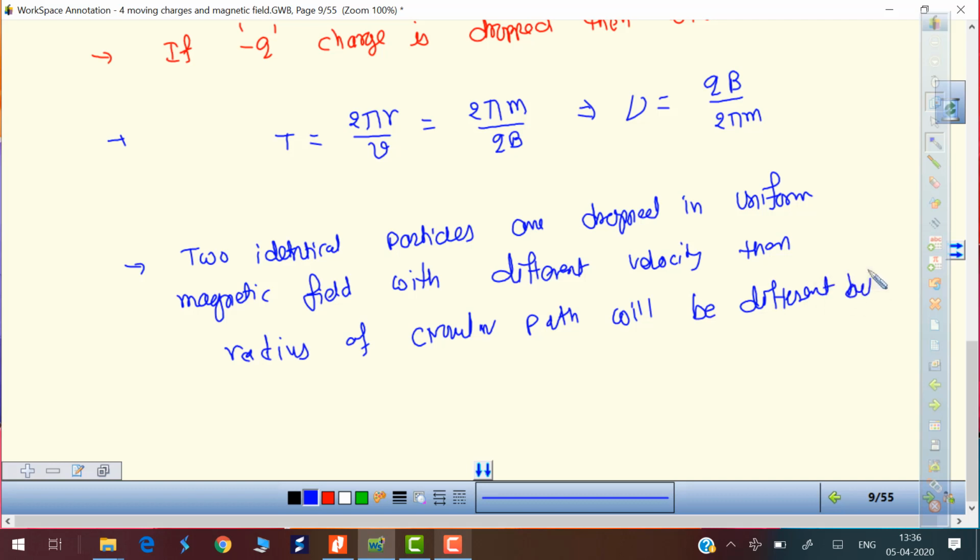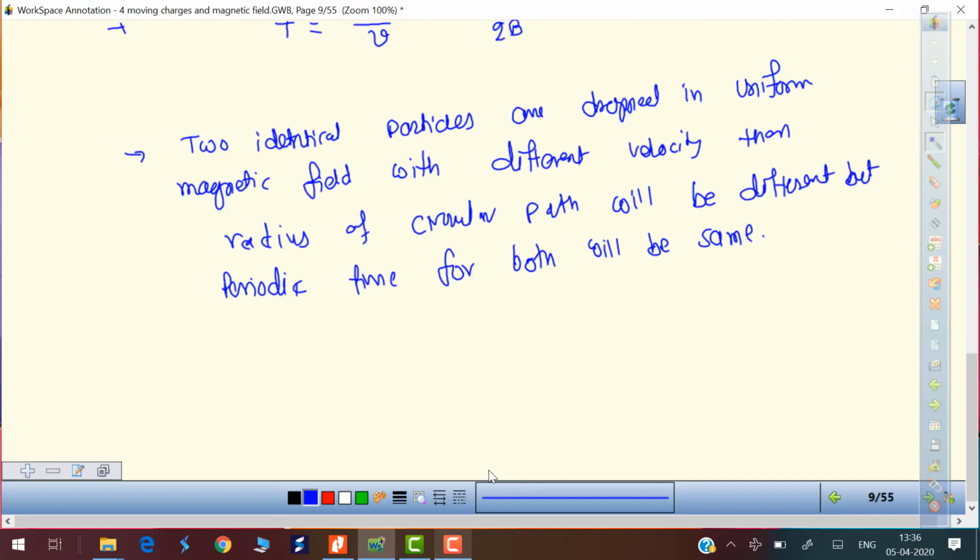But the periodic time for both will be the same. So here you can say that R1 is not equal to R2, but T1 is equal to T2.